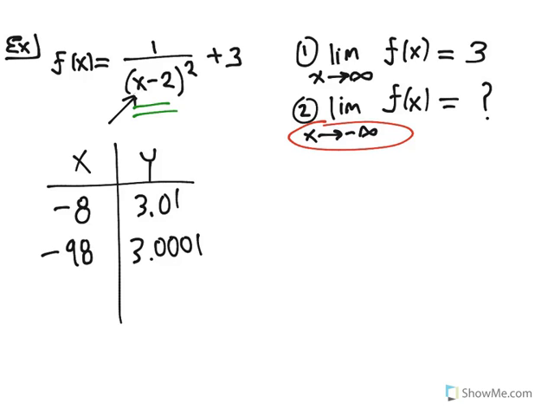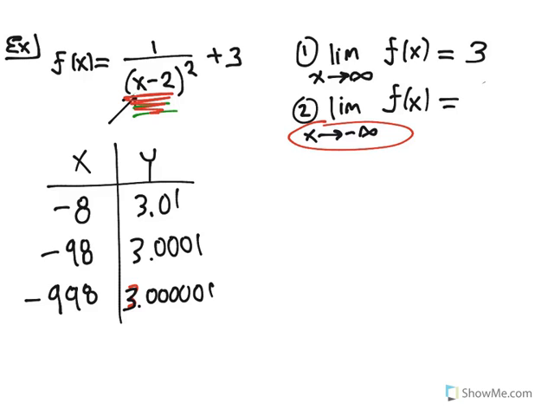And if you choose x to be negative 998, negative 998 minus 2 is negative 1,000, and negative 1,000 squared is a million, and 1 divided by a million is a millionth, plus 3 would be 3.000001.